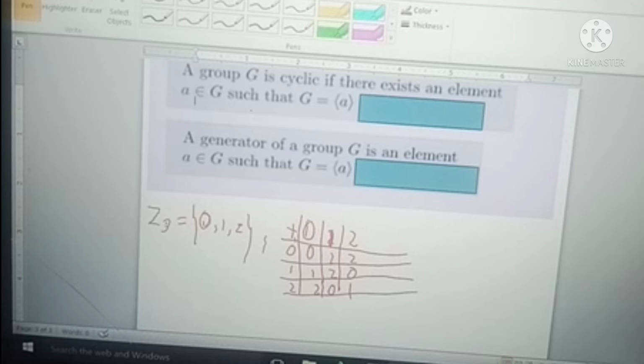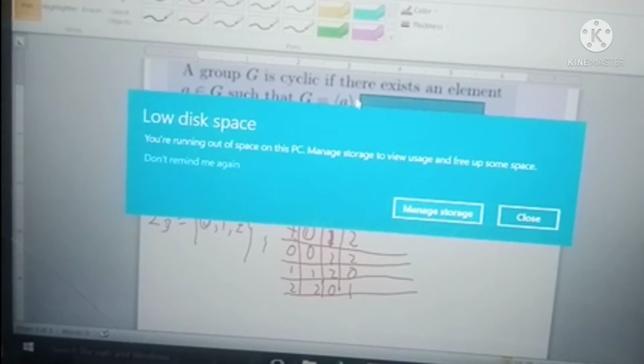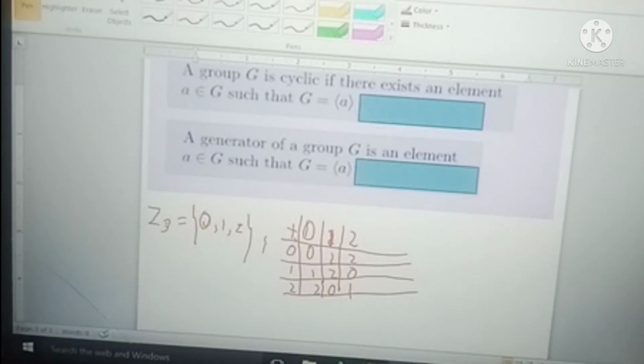According to the definition, a group G is cyclic if there's an element A belonging to the group G such that G is equal to the subgroup generated by A. This A is a generator.